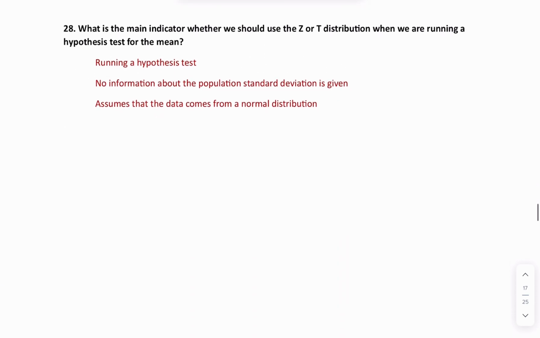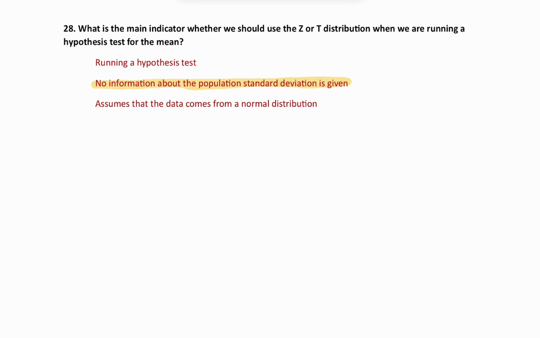Let's see. Number 28. What are the main indicators on whether we should use a z or t distribution when running a hypothesis test for the means? Obviously, we need to know that we're running a hypothesis test. As we talked about in the previous one, we want to assume that the data comes from a normal distribution. But I think the biggest indicator here is that there's no information about the population standard deviation given, because that's the turning point, basically.